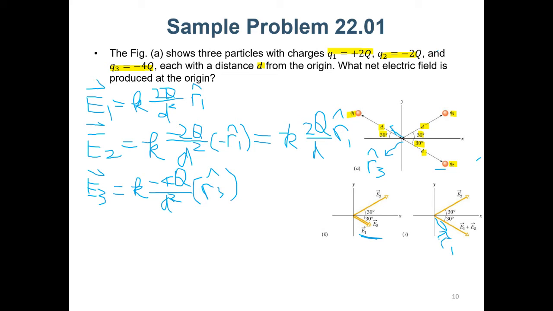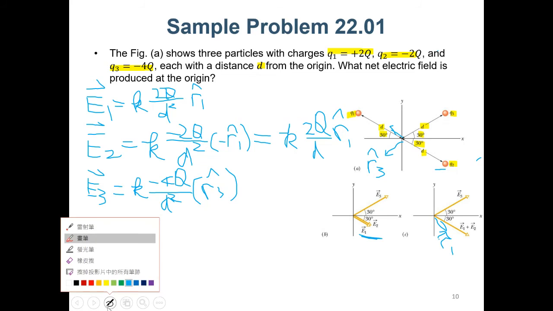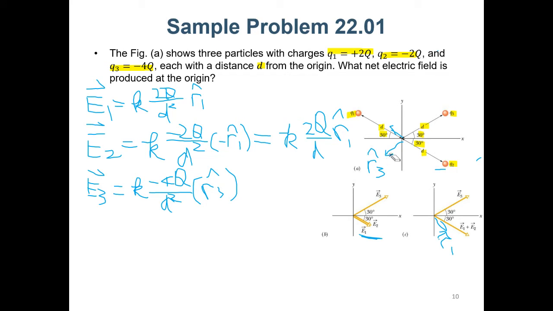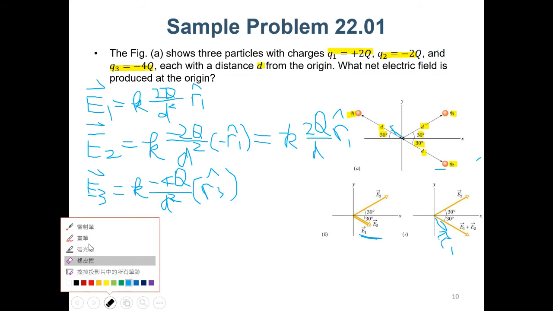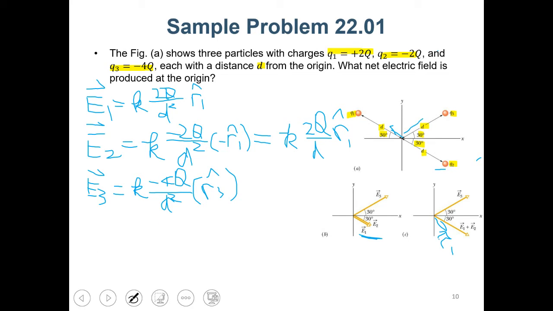Maybe we can define R3 hat in the other direction, following my notes. Okay, maybe I just define R3 hat in this direction so that we have a negative sign here, and then it will be something like this: K4Q over D square R3 hat.